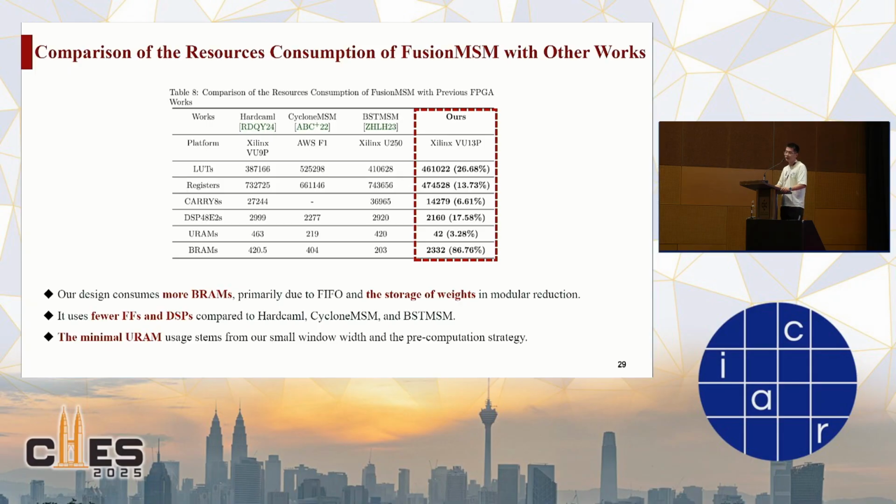Okay, thanks for the question. Of the two multiscalar multiplication works published in this CHES conference, one is on the CPU and uses SIMD instructions. In fact, the CPU always has lower performance because the CPU is responsible for the instructions, and the main task for the CPU-based implementation is how to reduce the memory.